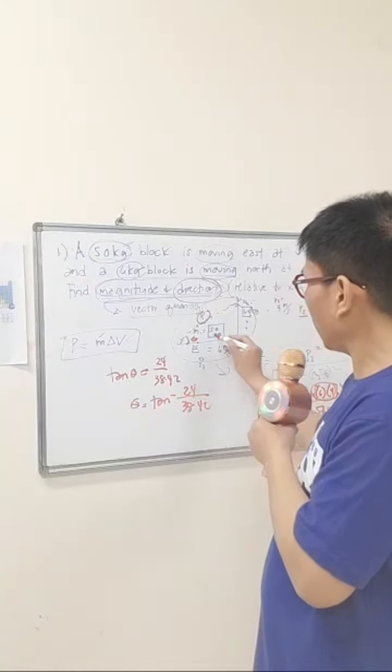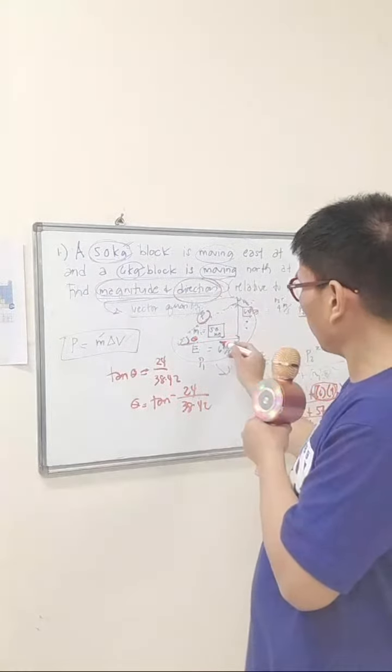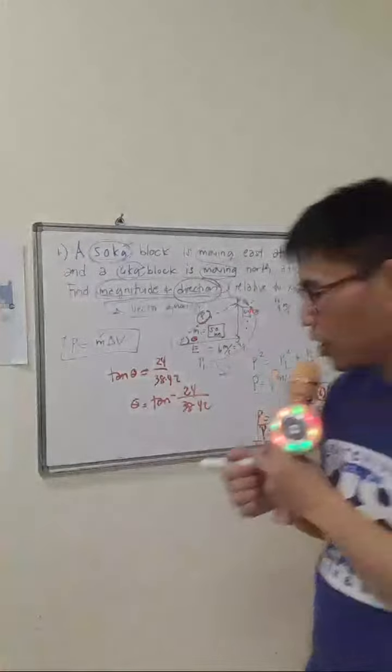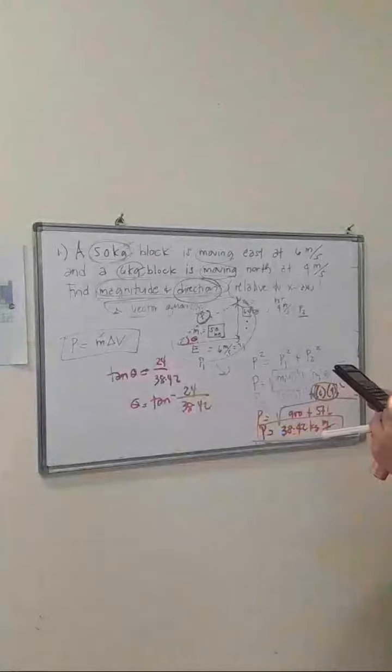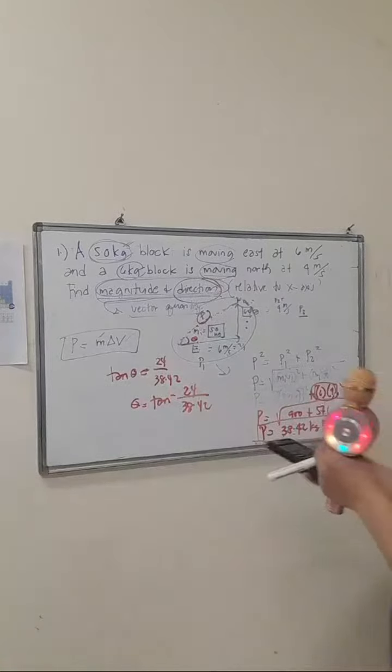So theta is equal to arc tangent of 24 divided by 38.42. This is the angle that your object will go to the east and later also go to the north. So 24 divided by 38.42, then arc tangent, is equal to 31.9 or 32 degrees.